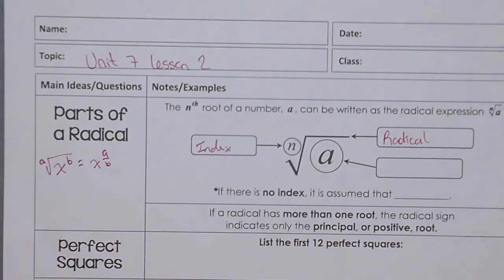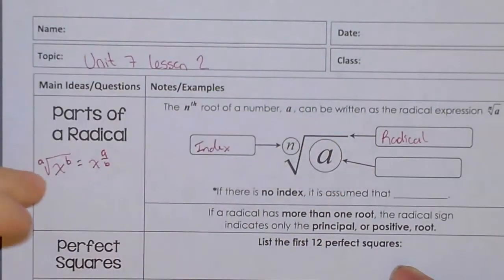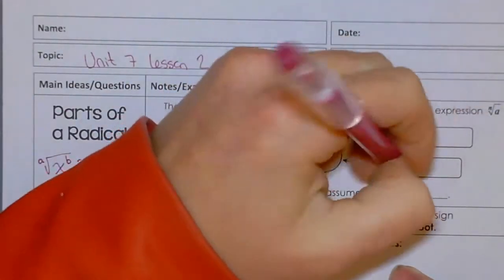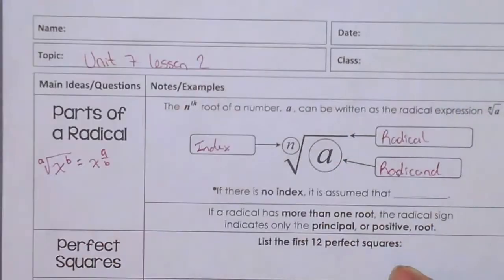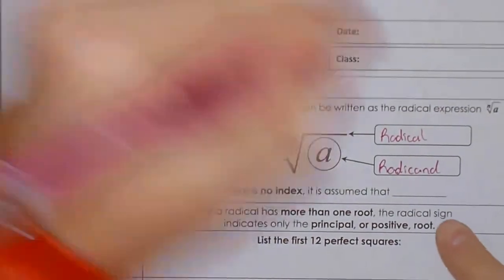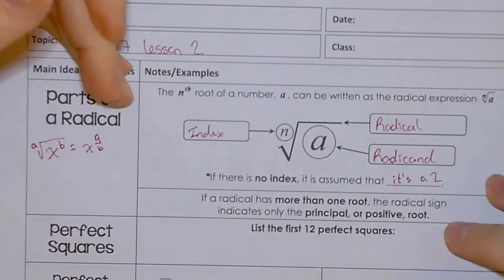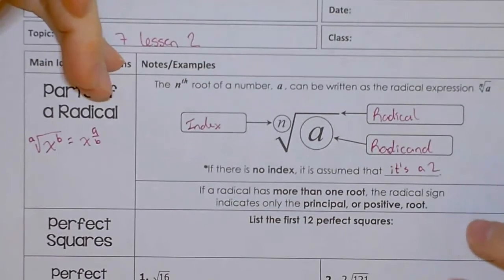Normally it's a 2, and we're undoing the power of 2. Sometimes it's other numbers. And this number, which if it was an exponent would be the base, we call the radicand when we're talking about radicals. So radical, radicand, index. If there is no index written, it's assumed that it's a 2, and we're talking about square roots. And just a little note, we're not going to worry about negative roots right now.